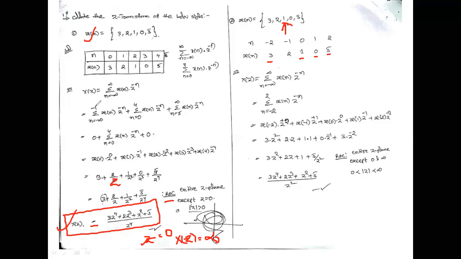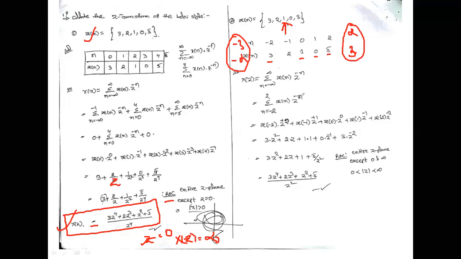Previously we took minus 1 to infinity. The values from minus infinity to minus 3 are 0, and from 3 to infinity, in that range the value is 0. We only have values from minus 2 to 2, so n is from minus 2 to 2.